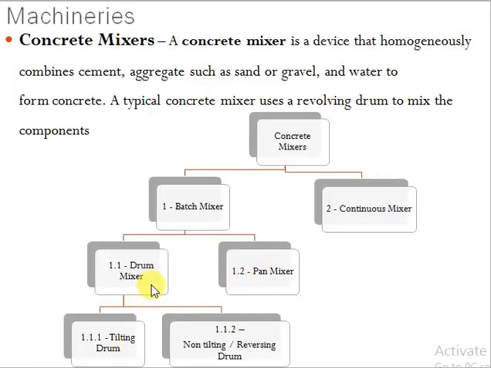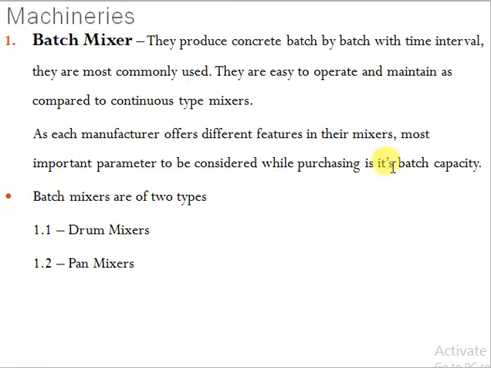Drum mixers further have two types: tilting drum mixer and non-tilting or reversing drum mixer. A batch mixer is a concrete mixer which produces concrete batch by batch for a fixed volume at a time interval. These are the most commonly used mixers. They are very easy to operate and maintain as compared to continuous mixers. Also, the quality of concrete produced in a batch mixer is much better than that cast using a continuous mixer.